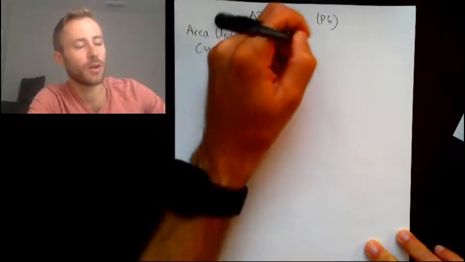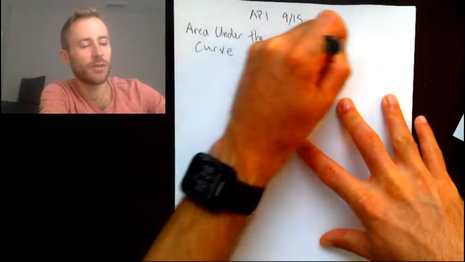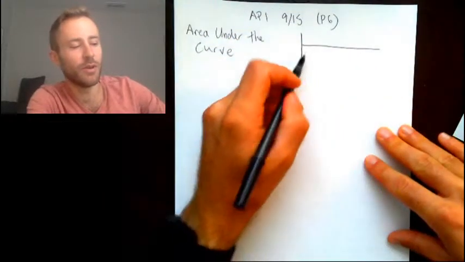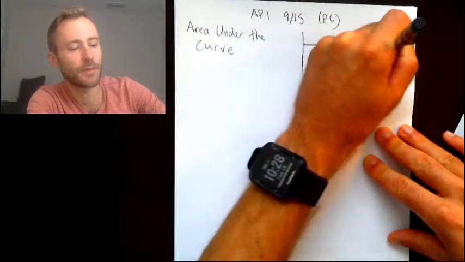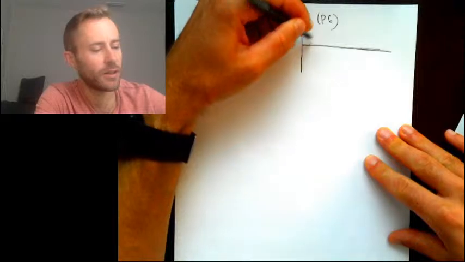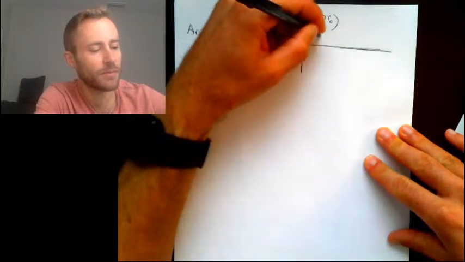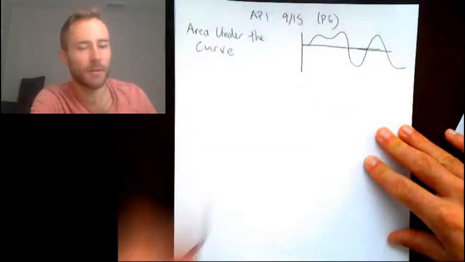Okay, so I'm going to draw a graph. And when you're doing area under the curve, it's really important that you know where the horizontal axis is. Okay, so here's the horizontal axis. And then I just draw a graph. Maybe it looks like this, does a couple of these, like that.